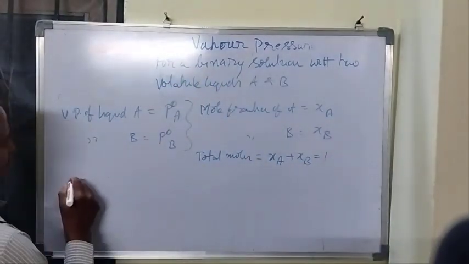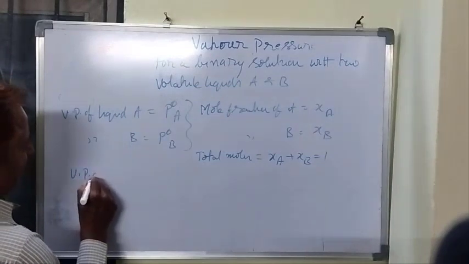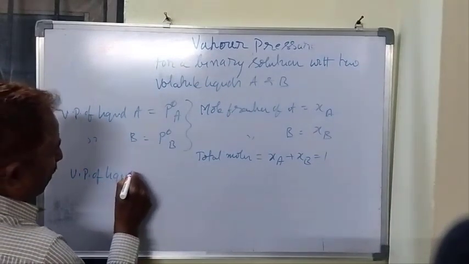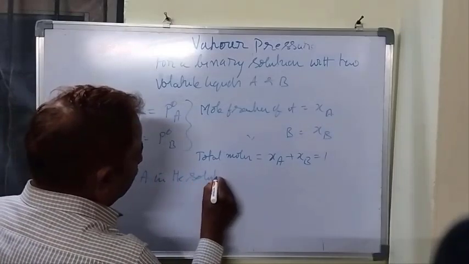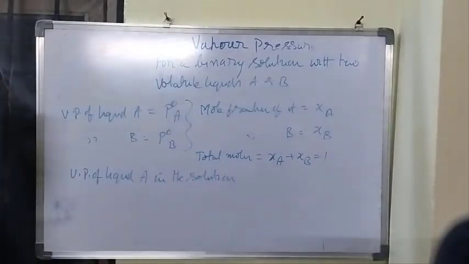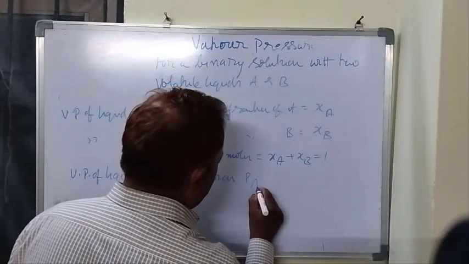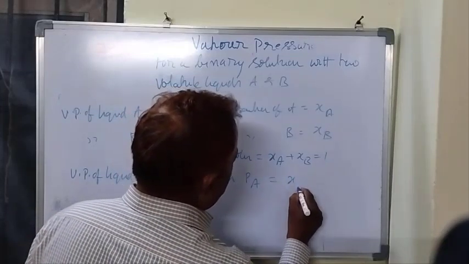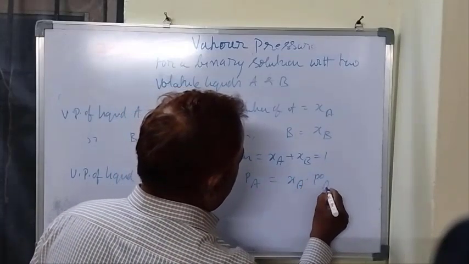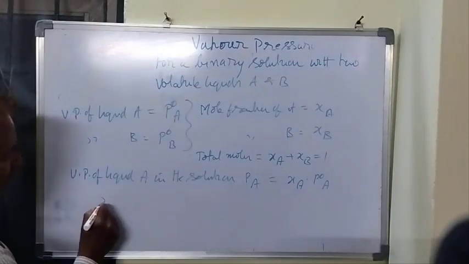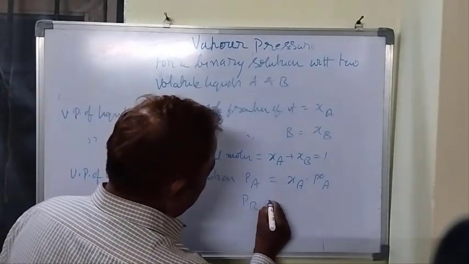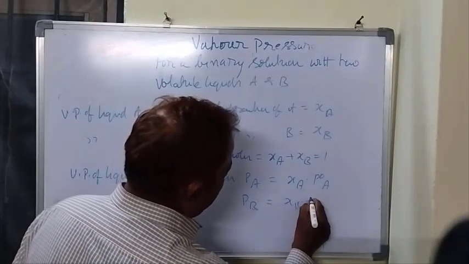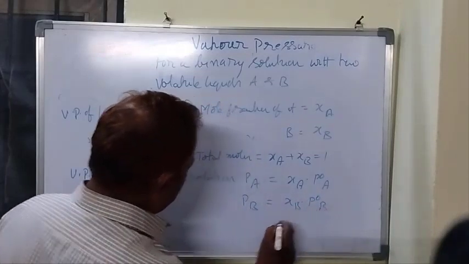Now, the vapor pressure of liquid A in the solution is PA, and PA equals XA into P0A. Similarly, the vapor pressure of B in the solution, PB, is equal to XB into P0B.